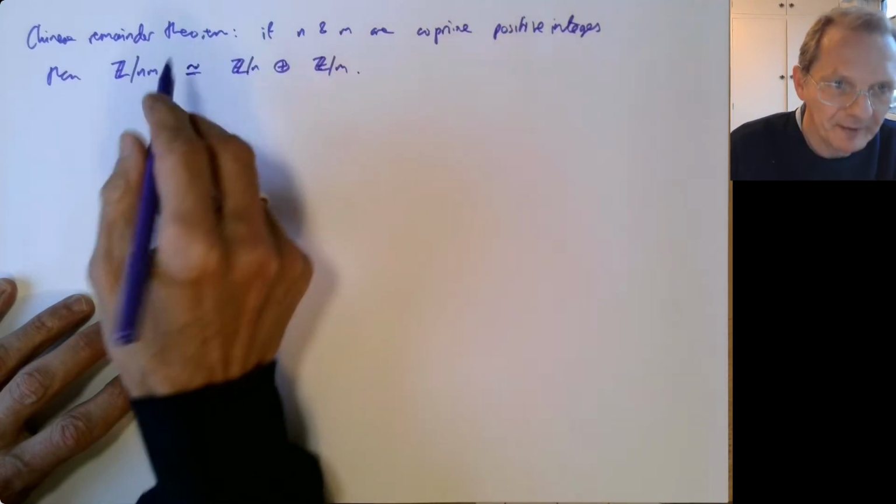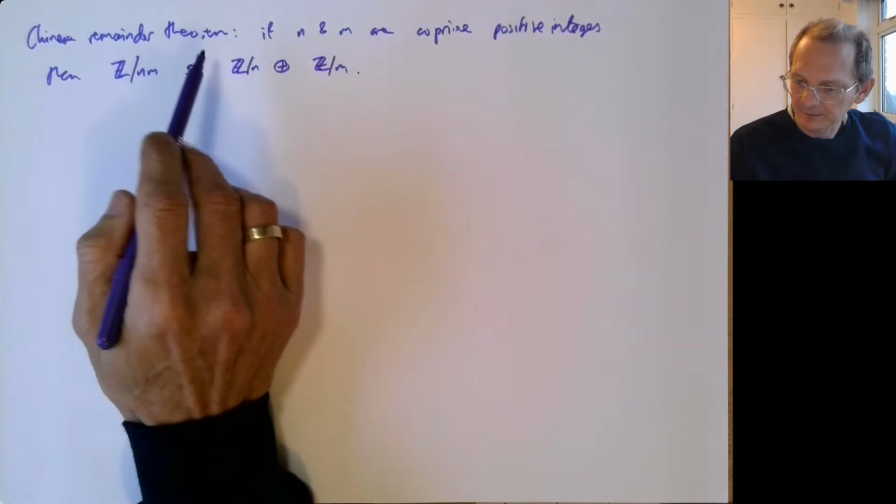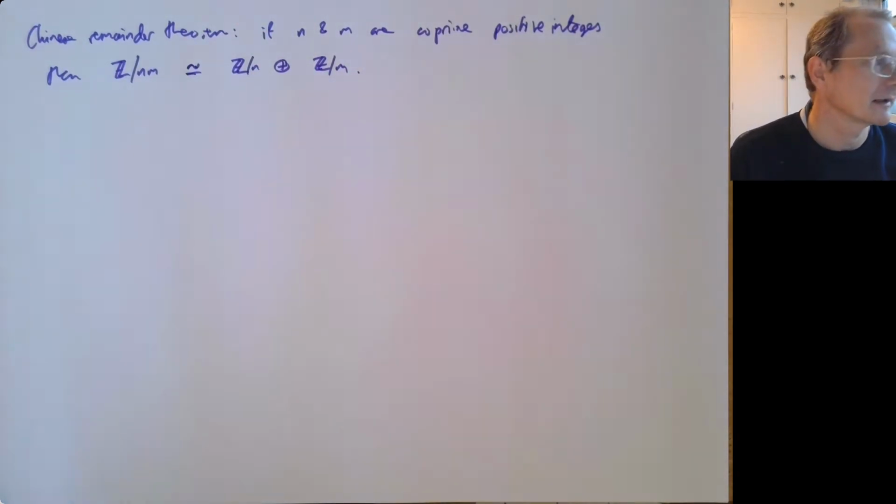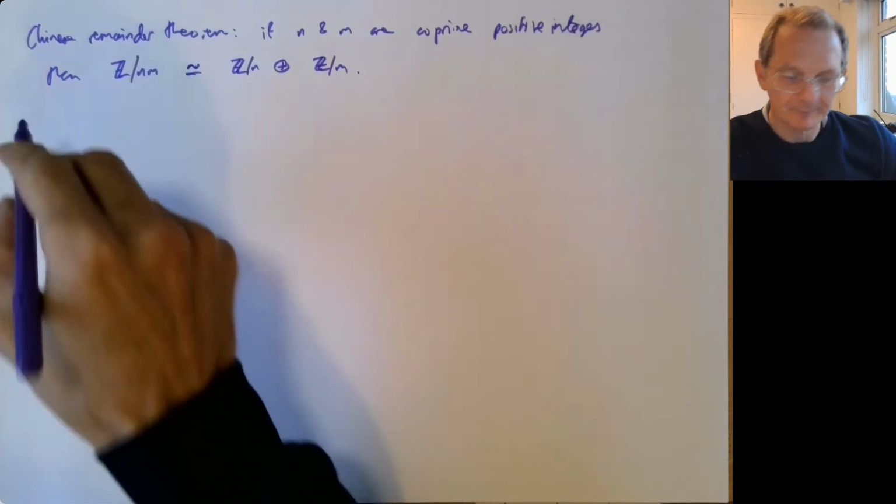Okay, so this definitely needs n and m to be coprime. We'll see examples to see why that is a bit later, but at the moment let's just prove the positive statement.